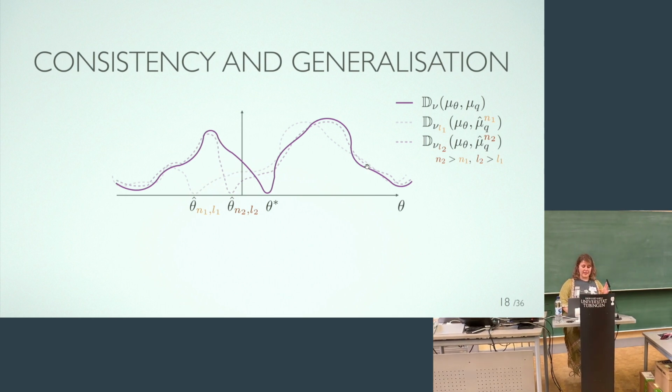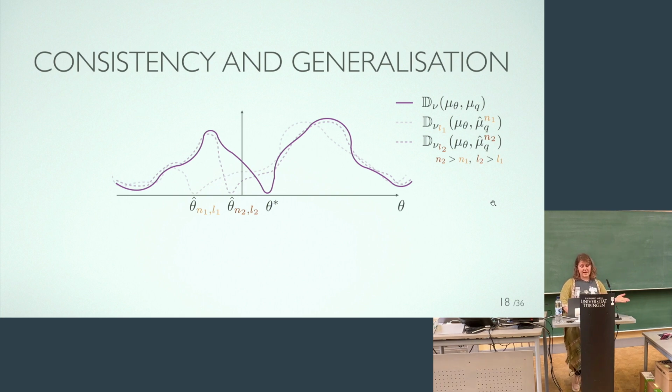If that convergence is uniform, and under some assumptions on the space theta and some assumptions on the minimizers that aren't out of the ordinary, that will give us consistency of the minimizer as well, which means that theta hat would go to theta star as well.